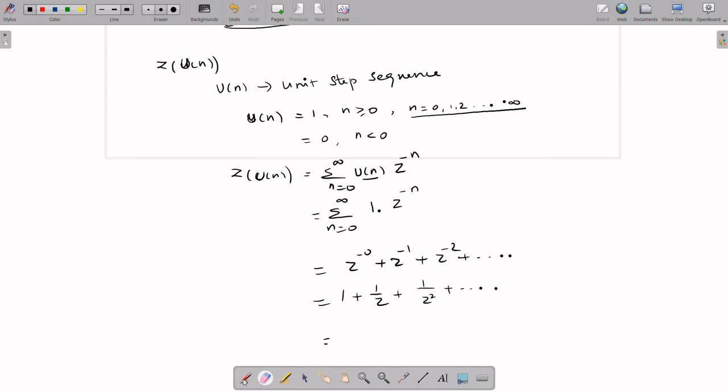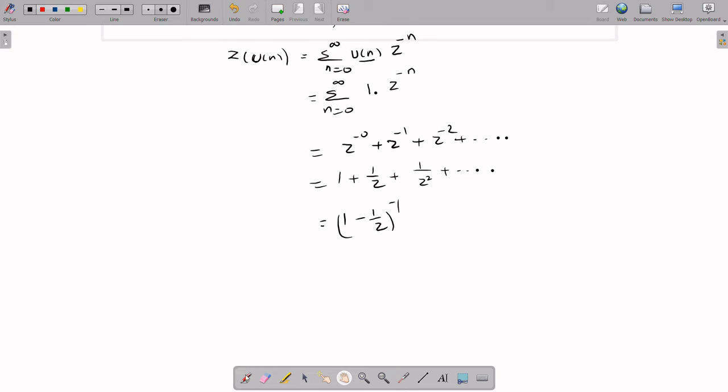So you can write this as 1 minus 1 by z whole power minus 1, or z minus 1 by z whole power minus 1, or z by z minus 1. This is the Z transform of u of n. Okay, z by z minus 1.